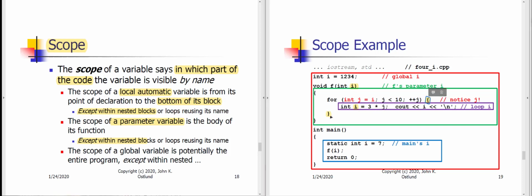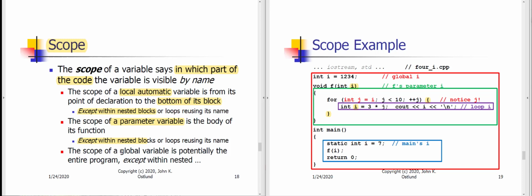This for loop has its own local variable called i, which hides the parameter variable i inside of that purple region of code. All right, so this parameter's scope is the entire body of the function, except for any hole in the scope that's created by having a nested block.